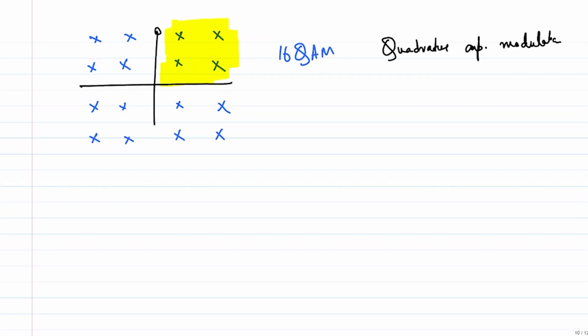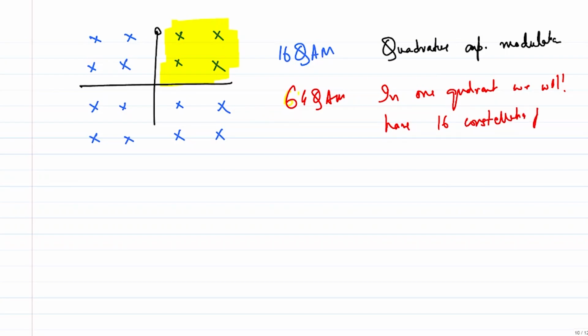In 64 QAM, you will have 16 constellation points in one quadrant. The margin you have in going from one constellation point to another, the distance between them, will keep decreasing if you increase the number of symbols that you are sending, correct?